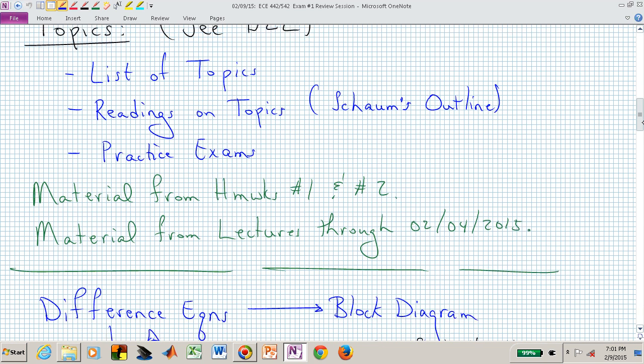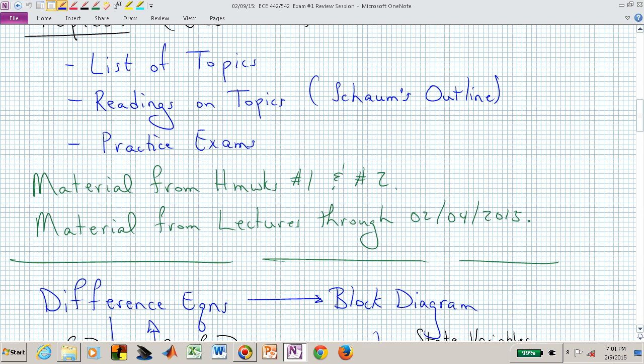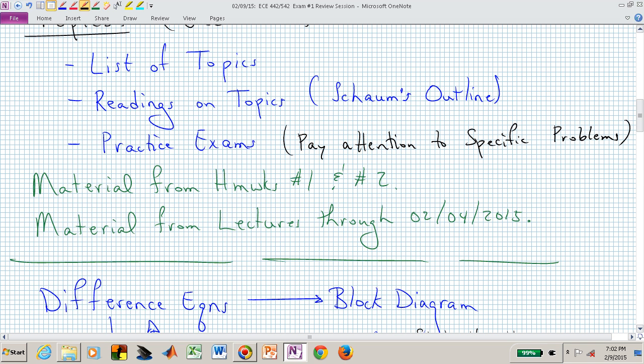There are practice exams, and here I would say on these, pay attention to specific problems that are called out on older exams.